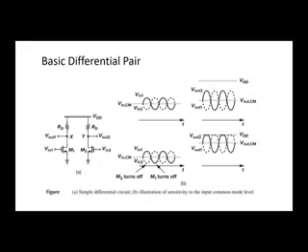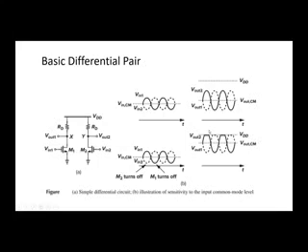For example, it is shown in the figure. If the input CM level is excessively low, the minimum value of Vin1 and Vin2 may in fact turn off M1 and M2, leading to severe clipping at the output.